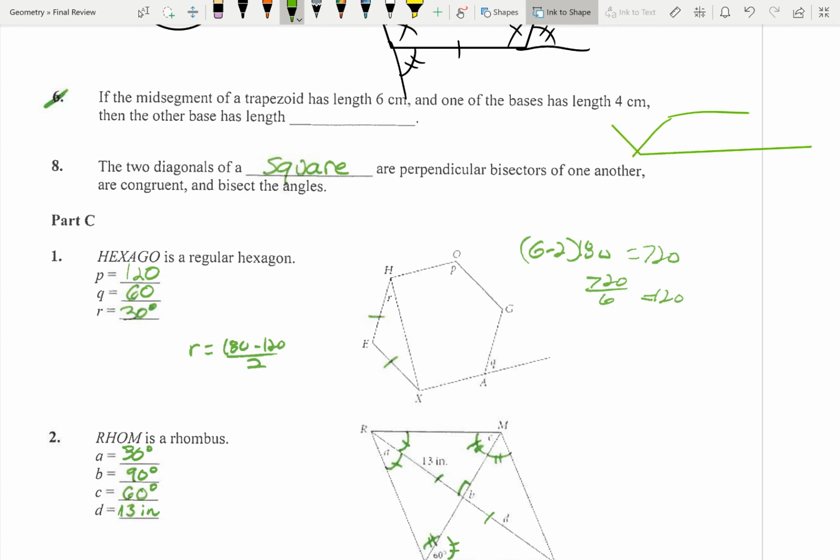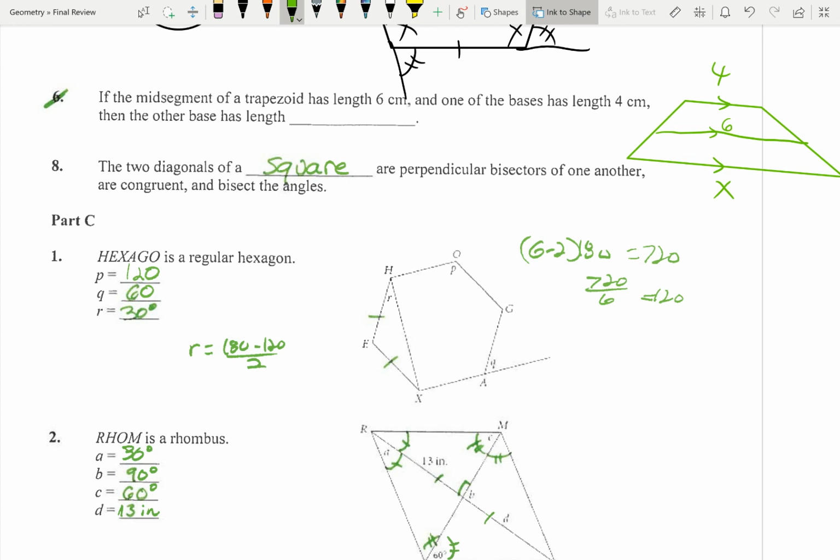So you have a trapezoid, and one of the bases is 4. Then your mid segment is 6, and I'll just call the other base X, right? This is your mid segment. It's also parallel to the two bases.